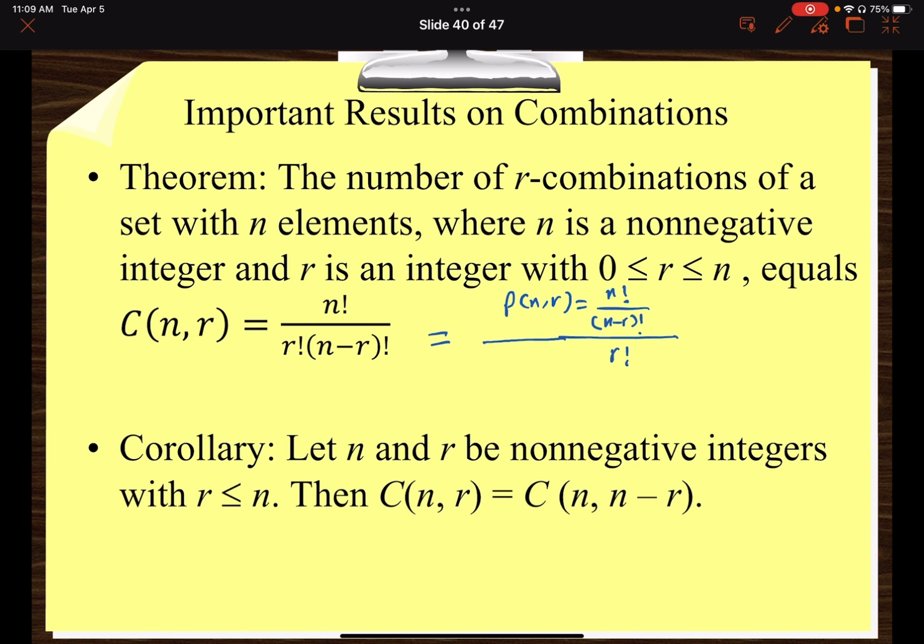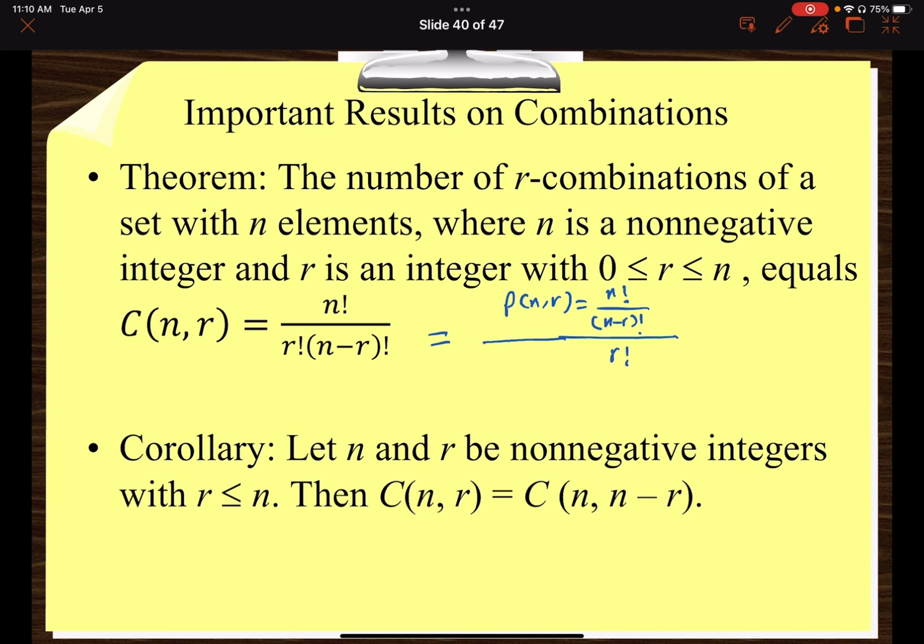This corollary, who's going to prove it for us? The corollary says, let n and r be non-negative integers with r less than or equal to n. Then C(n,r) is the same as C(n, n minus r). How can I prove it?